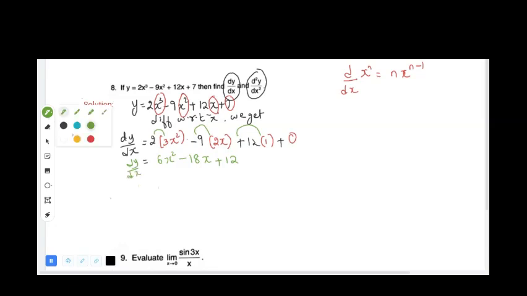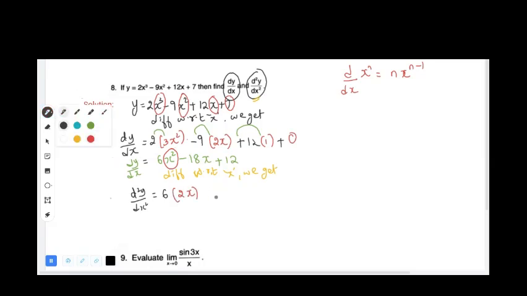So now differentiating with respect to x again. One more time we should differentiate, because it is given d square y by dx square. So if you differentiate the second time, d square y by dx square will be 6 as it is. Differentiation of x square will be 2x.